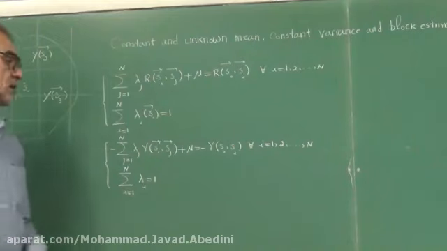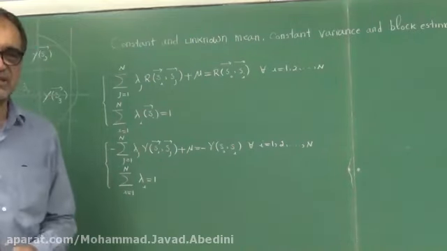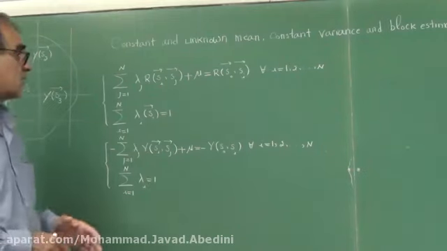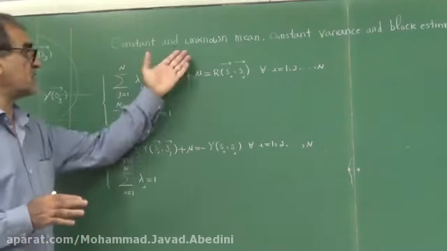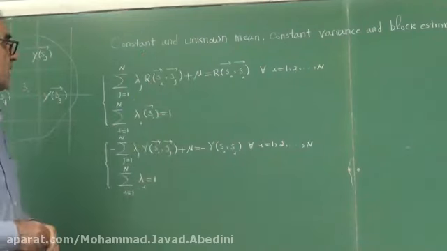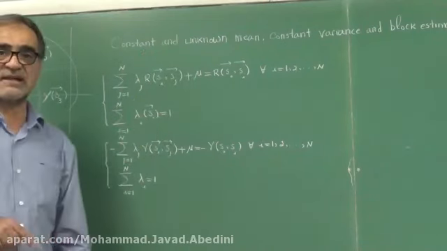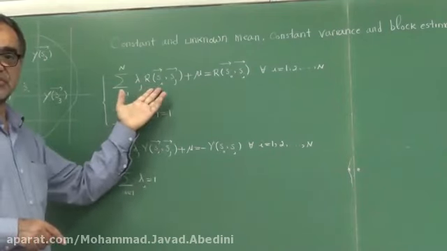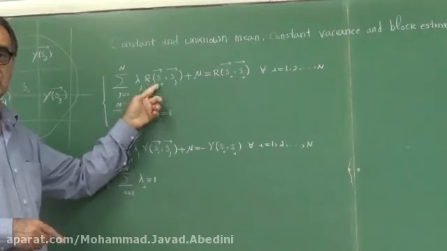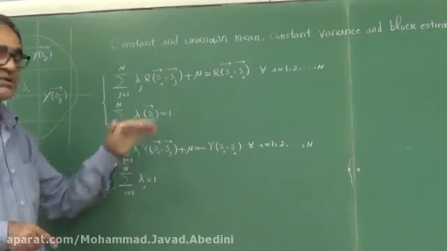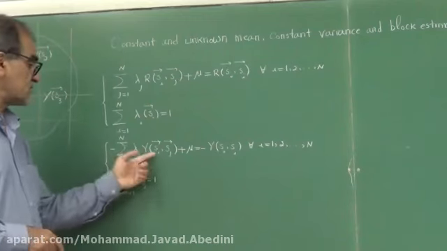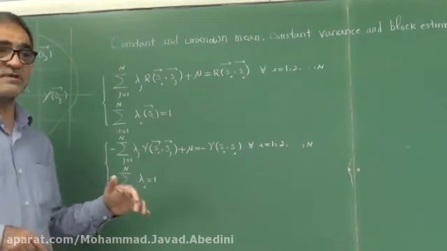You can anticipate that your kriging system for this case would not change on the left-hand side, because this has nothing to do with the block. This is point-to-point covariance function for your observations, and this is point-to-point variogram for your observations.